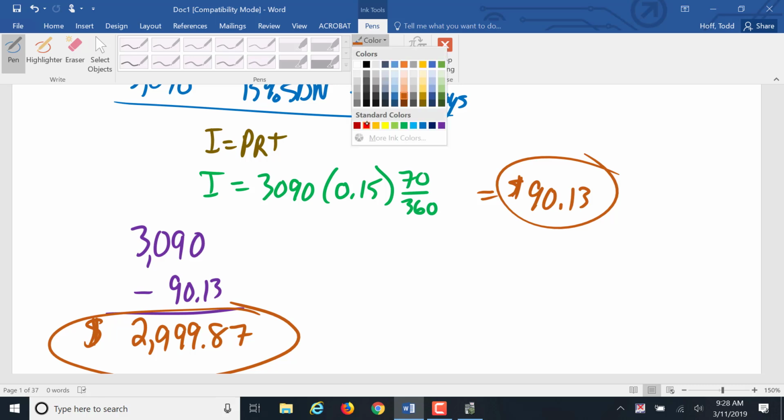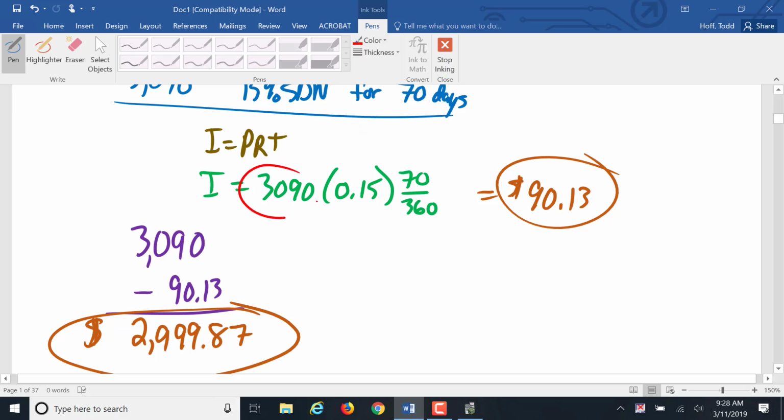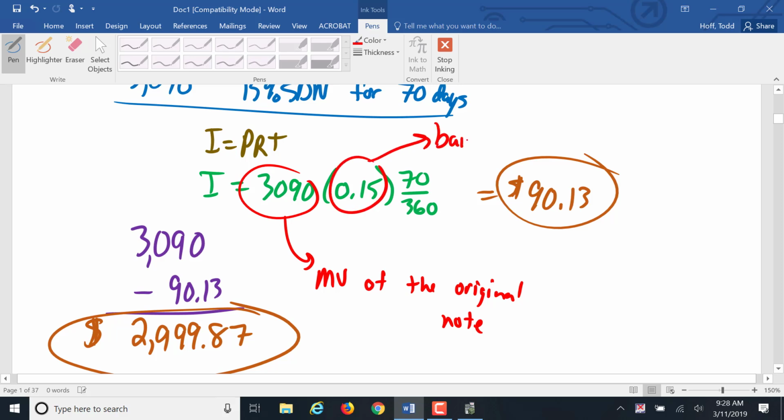So again, this simple discount note that was formed, the principal that we used was the maturity value of the original note. Of course, the percent is the bank's discount rate.